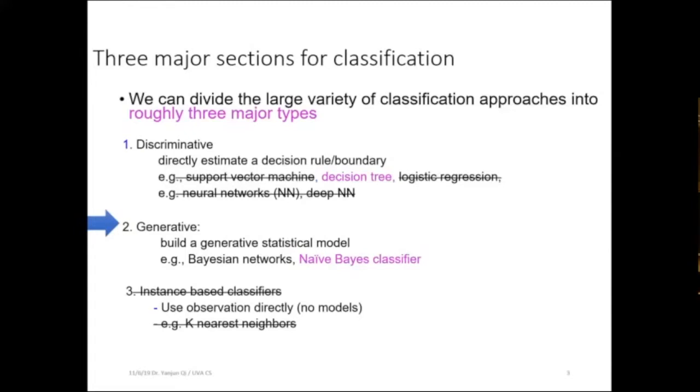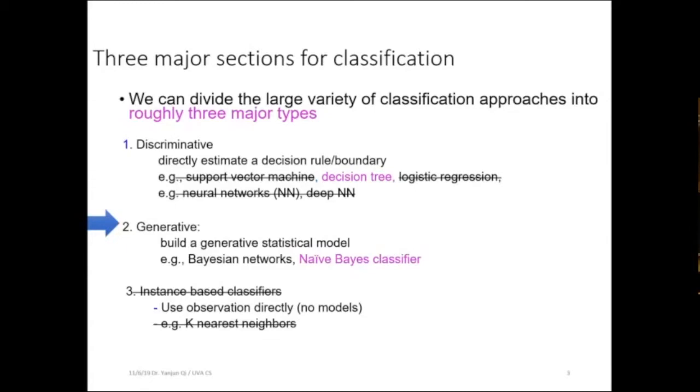Logistic regression, support vector machine, and deep neural nets all follow this category, and they're all modeling y conditional on x. More specifically, if it's a probabilistic formulation, it's logistic regression and neural nets, using a probabilistic prediction to model y given x.